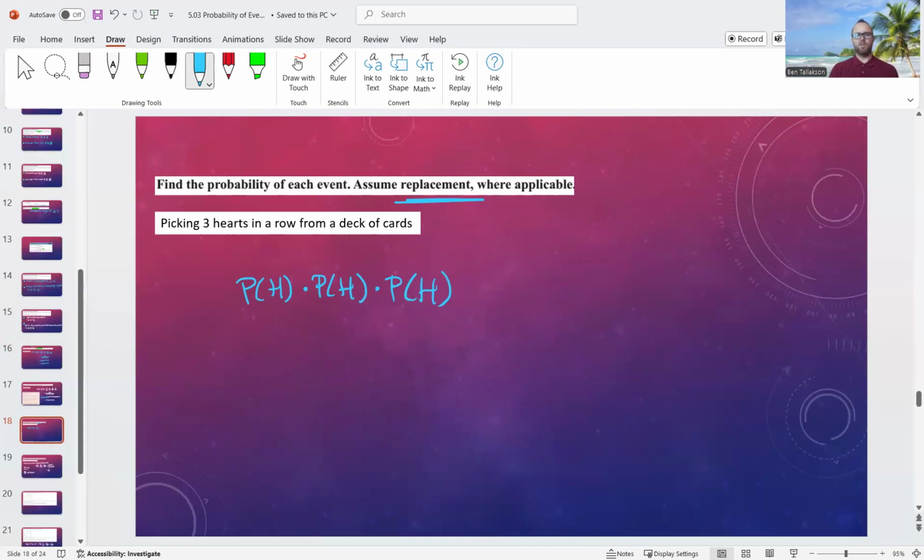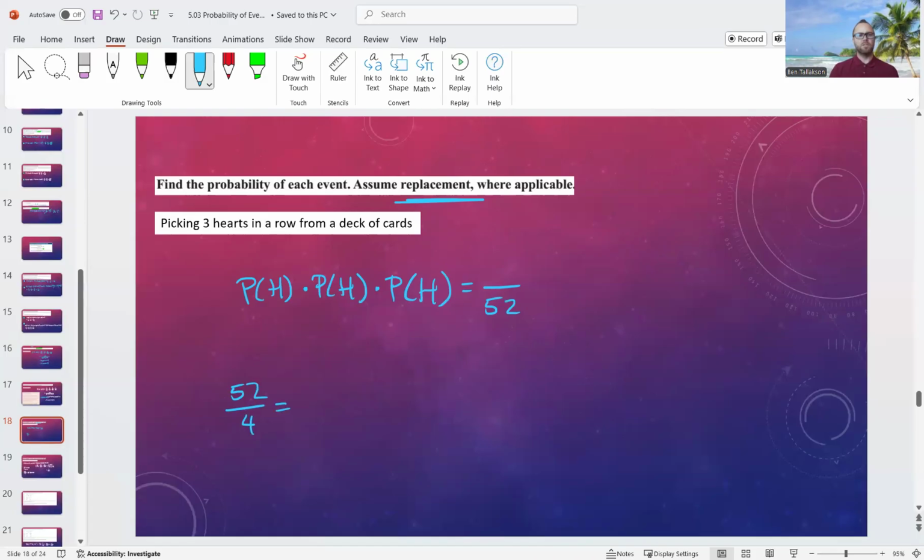I think we could all agree with replacement is a little easier, right? So hearts, how many hearts? Well, a deck of cards has 52. In order to find out how many hearts, you need to know how many suits, like hearts, spades, and diamonds, etc. So how many? 52 divided by 4.